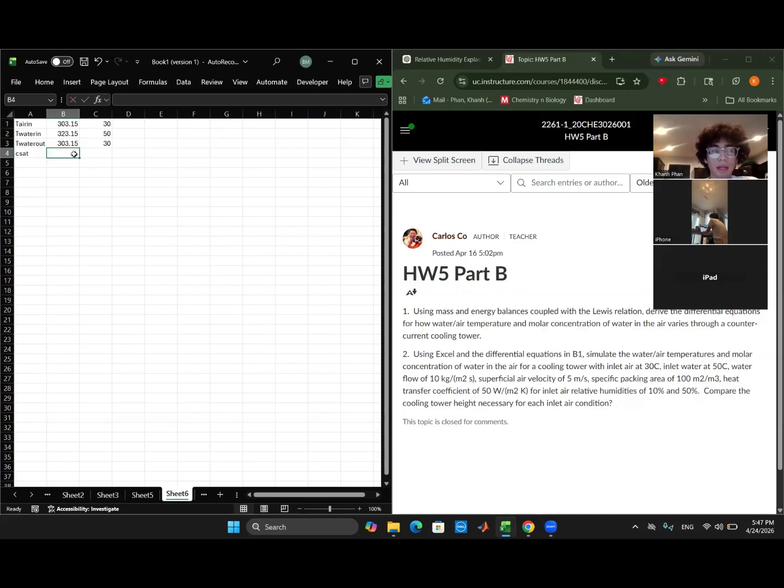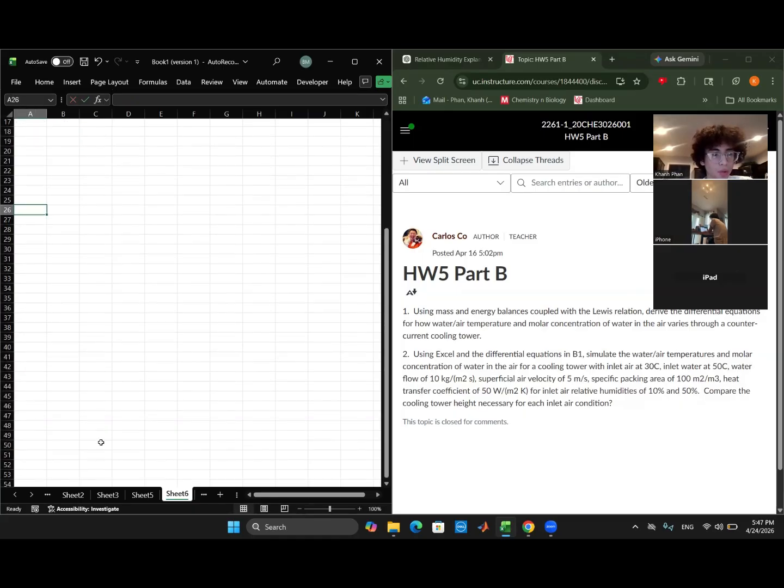And then to calculate concentration saturation, we're going to use the Antoine equation. Okay. So we're going to have 10 raised to the power of A. I'm going to write down the Antoine constants down here.